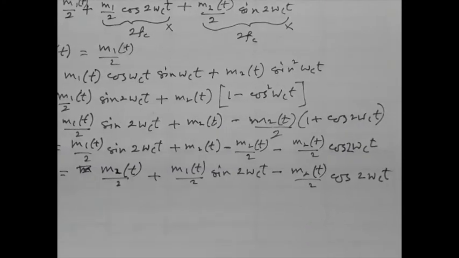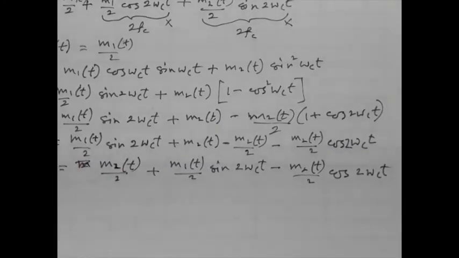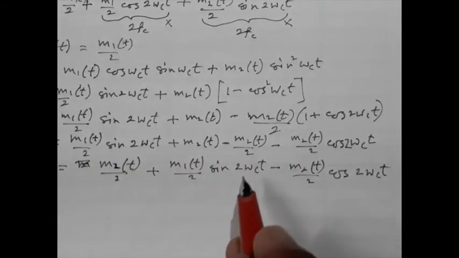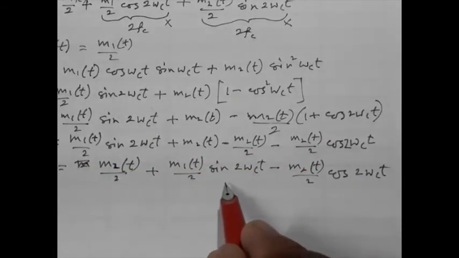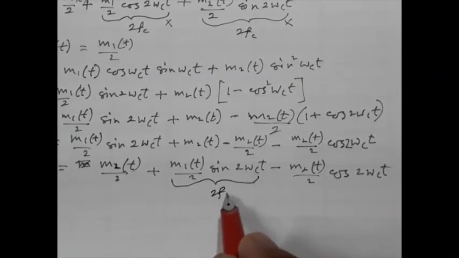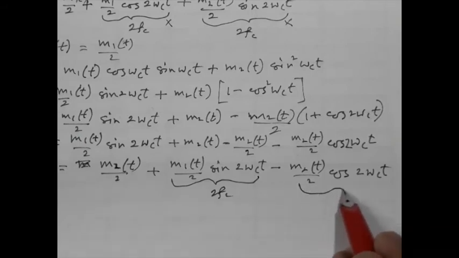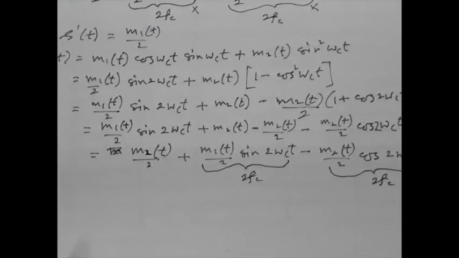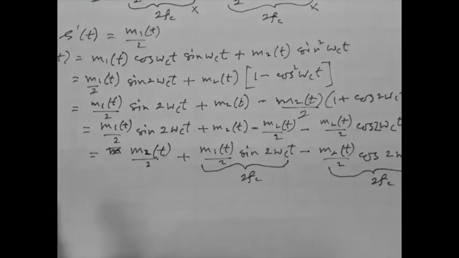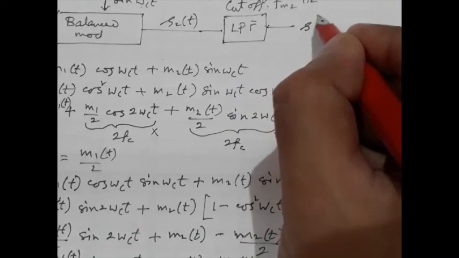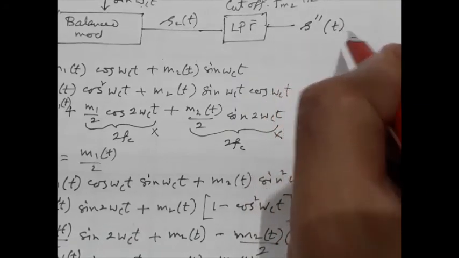So once this signal is passed through the low pass filter, the low pass filter will eliminate this term because its frequency is twice fc. It will eliminate this term as well because it is also of frequency twice fc, and the output of the second low pass filter is S double dash t.